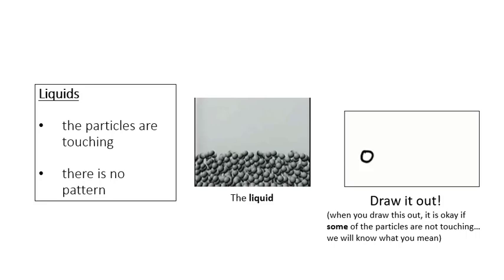And if I was to draw out a liquid on my own, I would draw something like this. And when you draw this out, it's okay if some of the particles aren't touching. We will know what you mean.